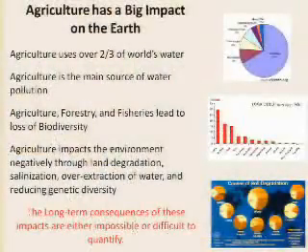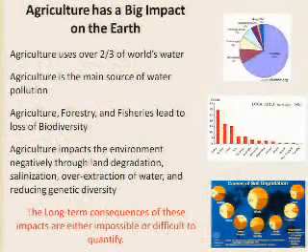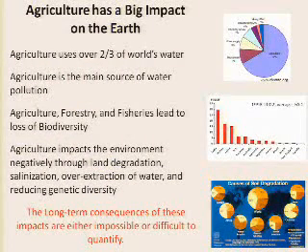We practice agriculture today basically for economic benefits and production efficiencies, and it is also creating some problems that we didn't have so many years ago. As of now, agriculture uses about two-thirds of the world's water, and it's the main source of water pollution according to a 2009 US EPA report. Agriculture, forestry, and fisheries lead to loss of biodiversity.